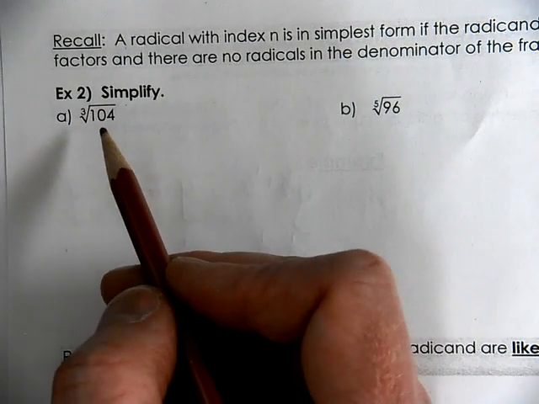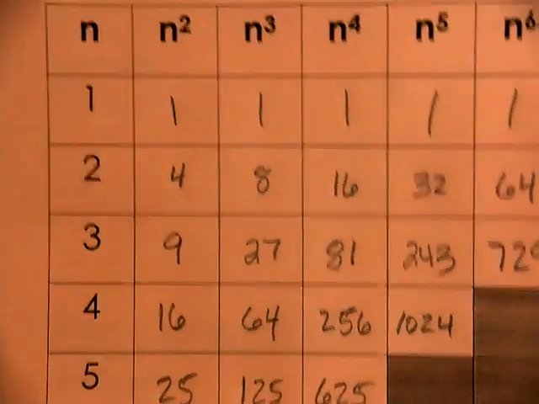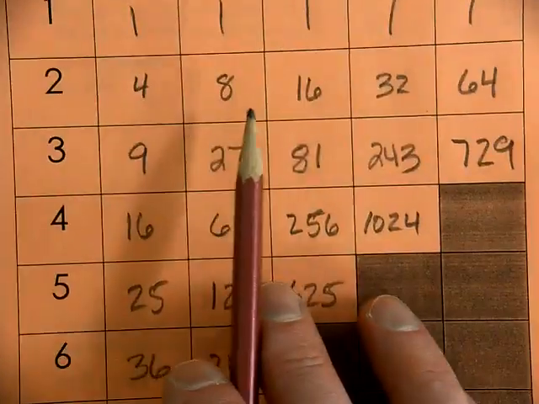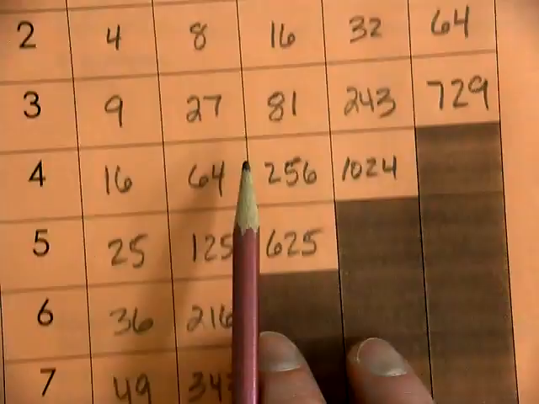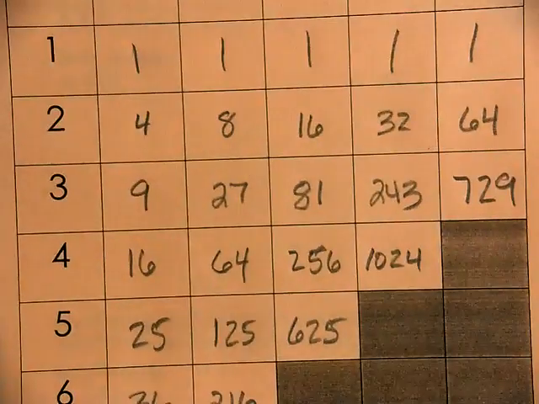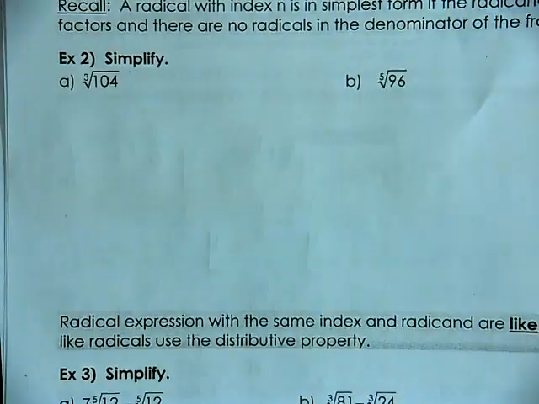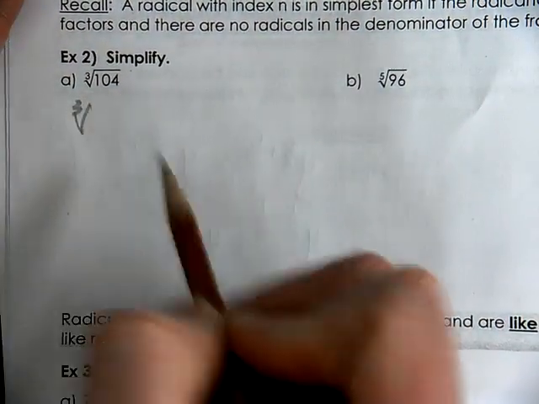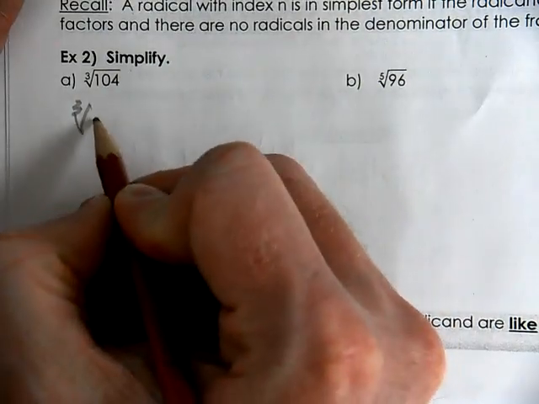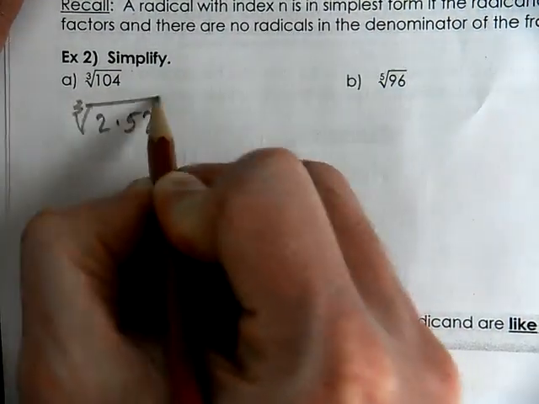So 104. A good thing to do, if possible, is this is the cubed root. Cube root. Do any of these numbers go into 104? Okay? You may not be sure. If you're not sure, that's okay. Let's take a step here. So, the cubed root, how does 104 get broken down? It's an even number. So 2 times 52.